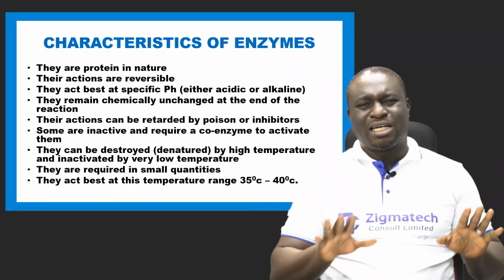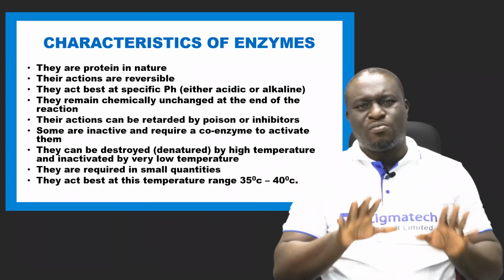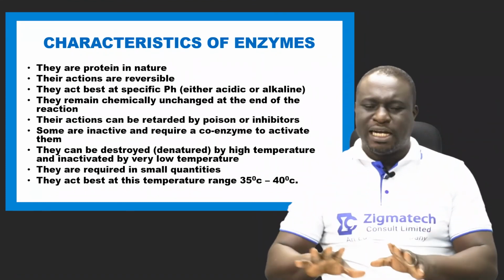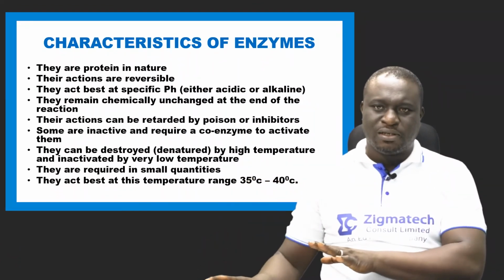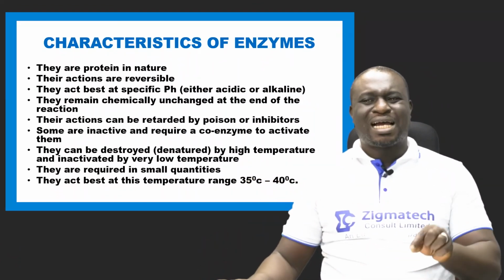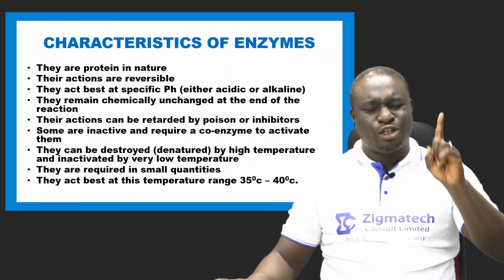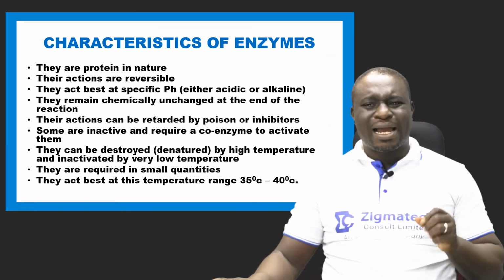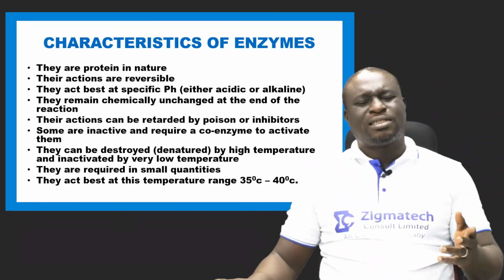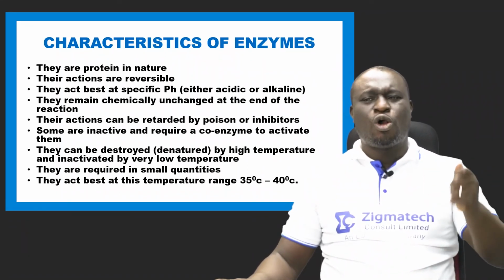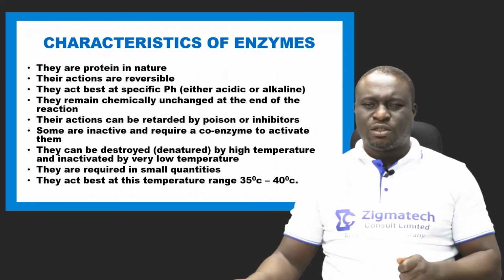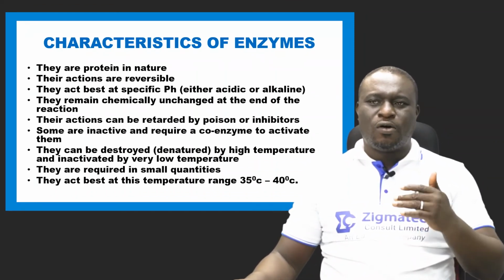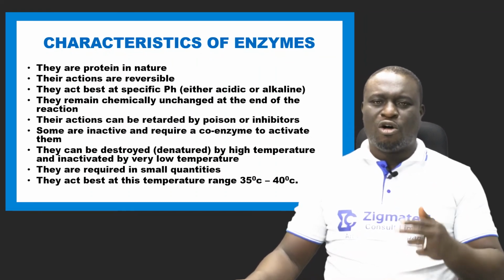There are some enzymes that work best if the environment is acidic, and there are some that work best if the environment is an alkaline environment. Then number three, enzymes can be destroyed by high temperature. Number four, enzymes are required in small quantities. So this is how far we can take on characteristics of enzymes.